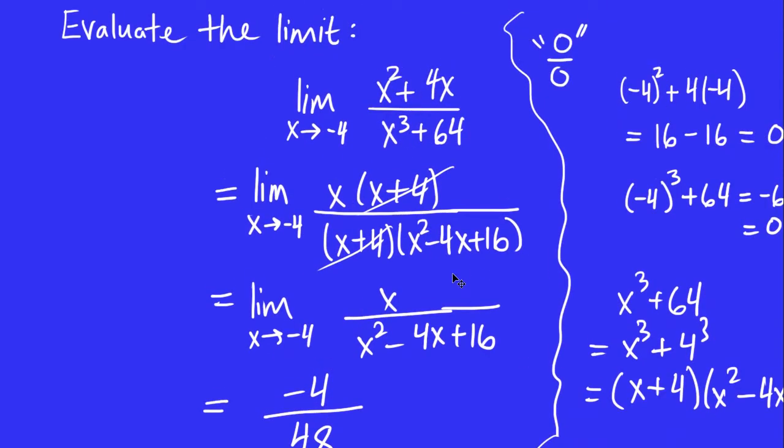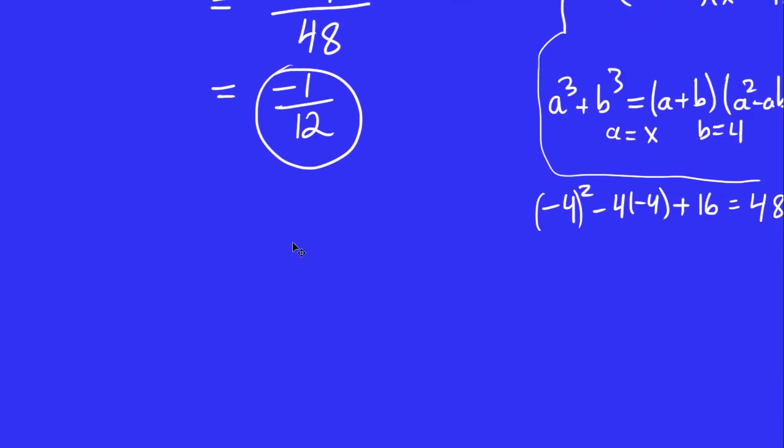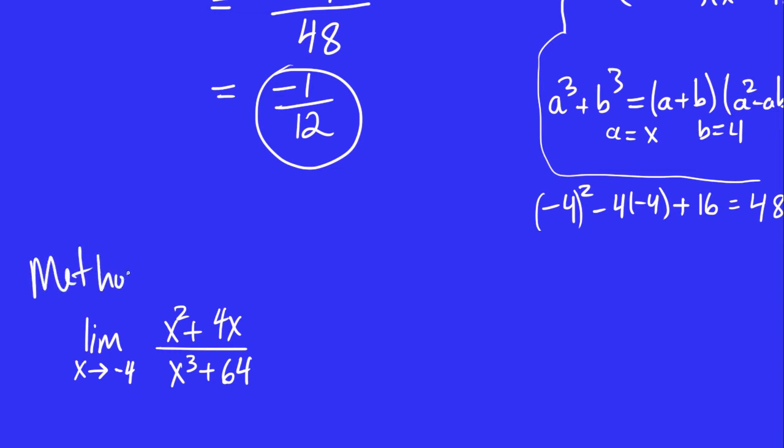How about we do it with L'Hopital's rule? We're allowed to, since it's 0 over 0. It's kind of overkill, but let's try it with L'Hopital's rule as well and make sure we get the same answer. We better. So this is method number 2, L'Hopital's rule.